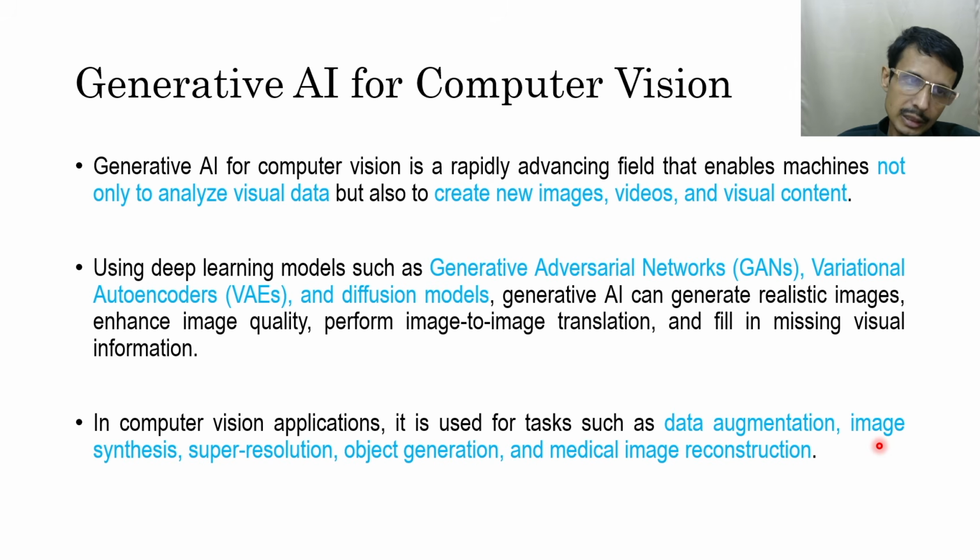Now, if we see the literature, there are different deep learning models such as generative adversarial network, variational autoencoder, diffusion models. These models are being used as generative AI tools to generate realistic images and enhance image quality.